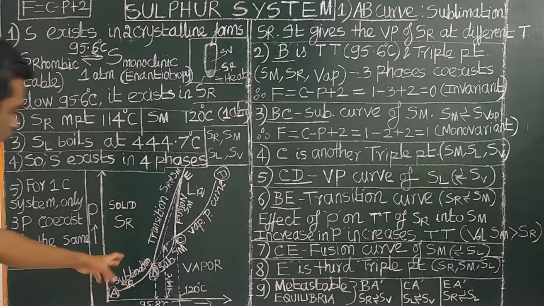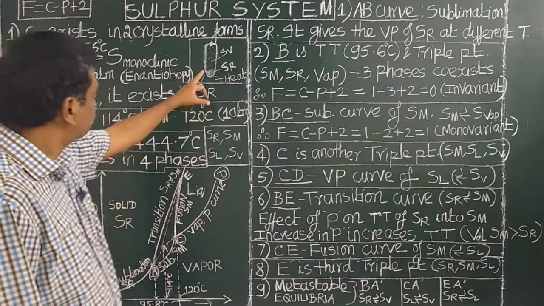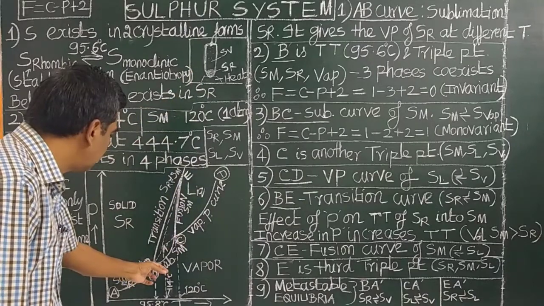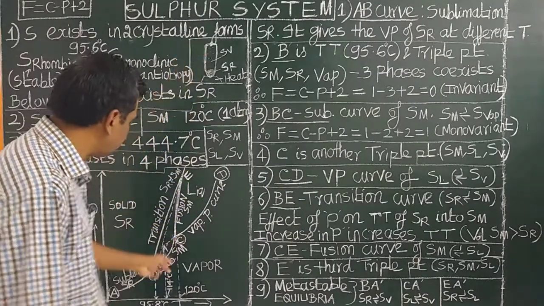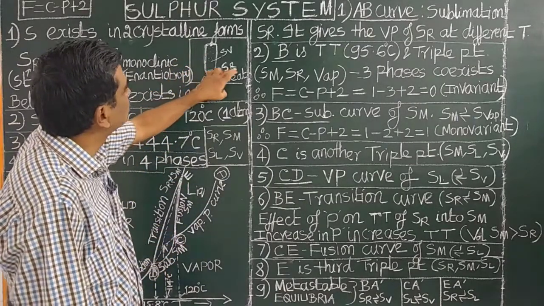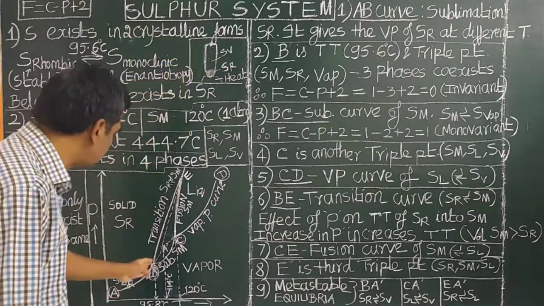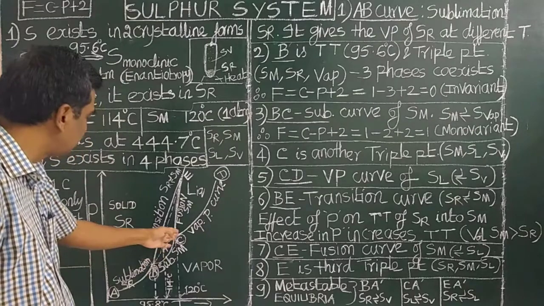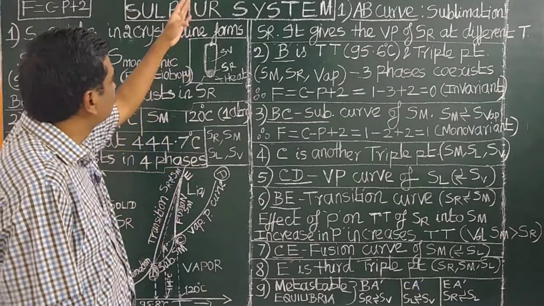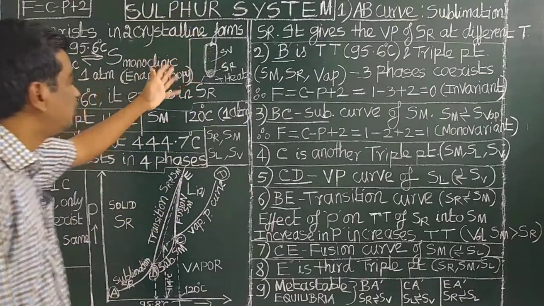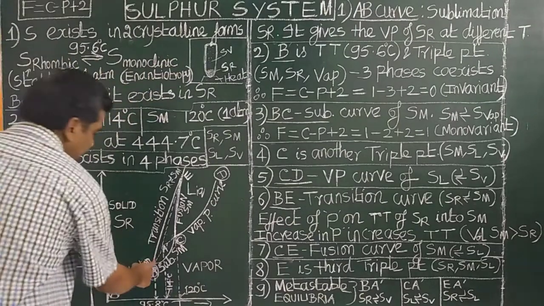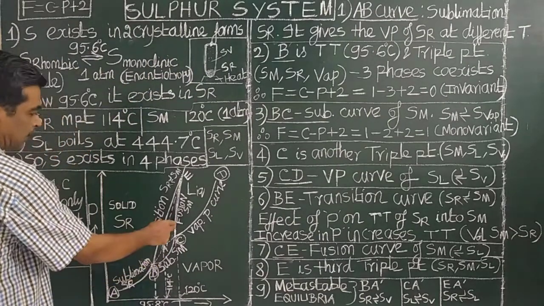Okay. And once sulfur monoclinic is formed, then it undergoes sublimation. Sulfur rhombic becomes sulfur monoclinic powder, and there will be more vapor because of heating, so the vapor pressure increases.